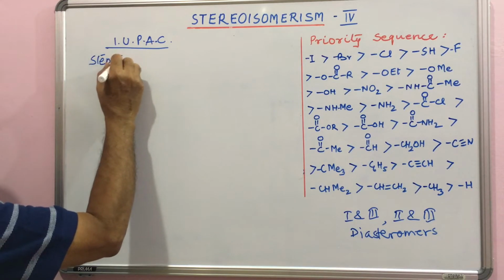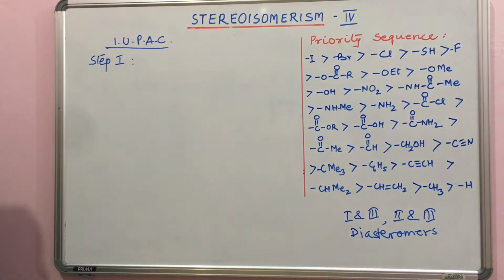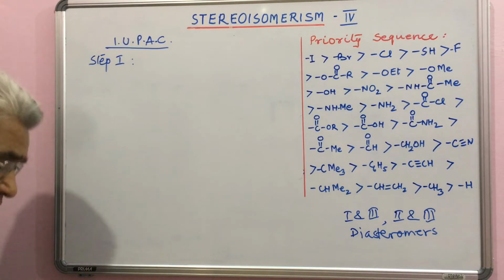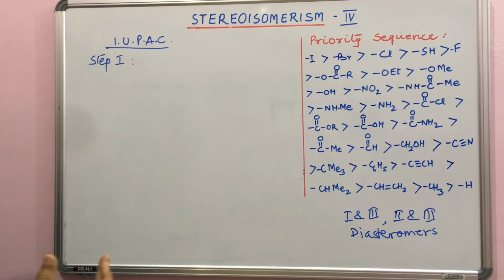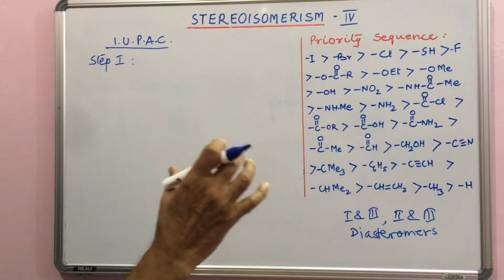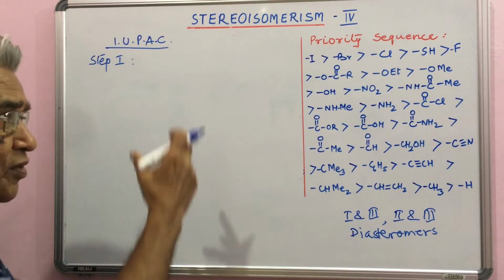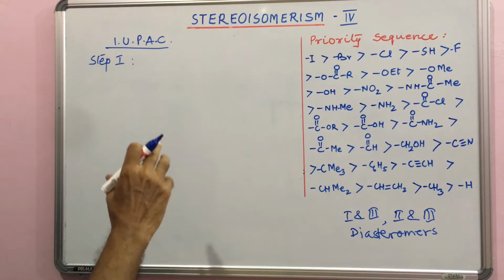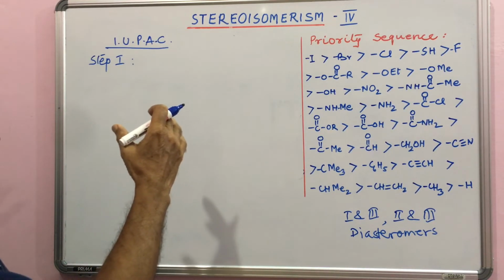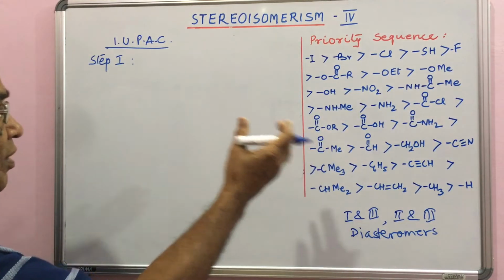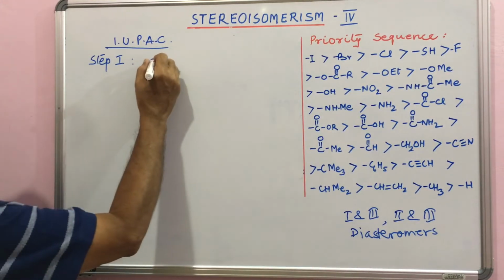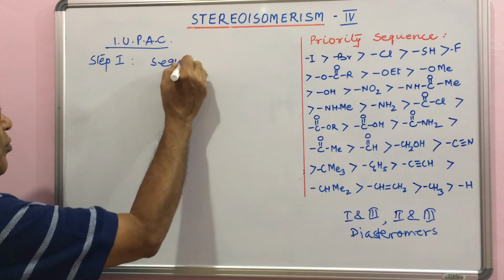In the first step, you have to decide the priority of the 4 substituents. An asymmetric carbon atom will have 4 substituents. You have to decide which is prior to the other, and for that a sequence rule is made.